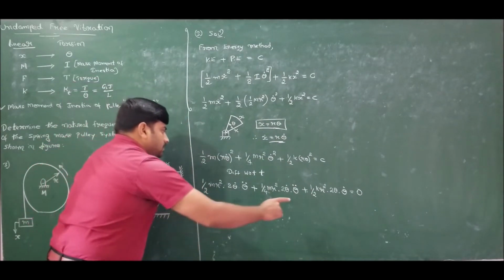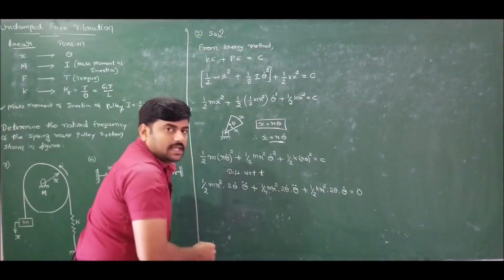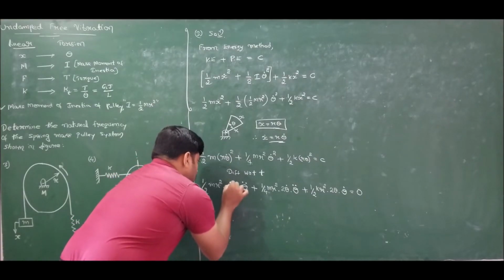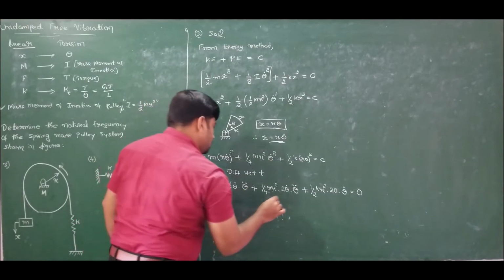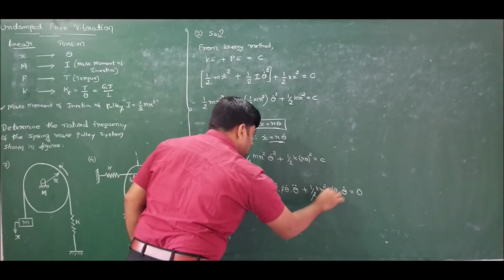Now I can simplify this and rearrange the terms in order to obtain the standard equation for comparison and obtain the natural frequency of the system. So let me simplify further. Here 2 1s are 2, 2 2s are 4, here also I will cancel off 2 2.